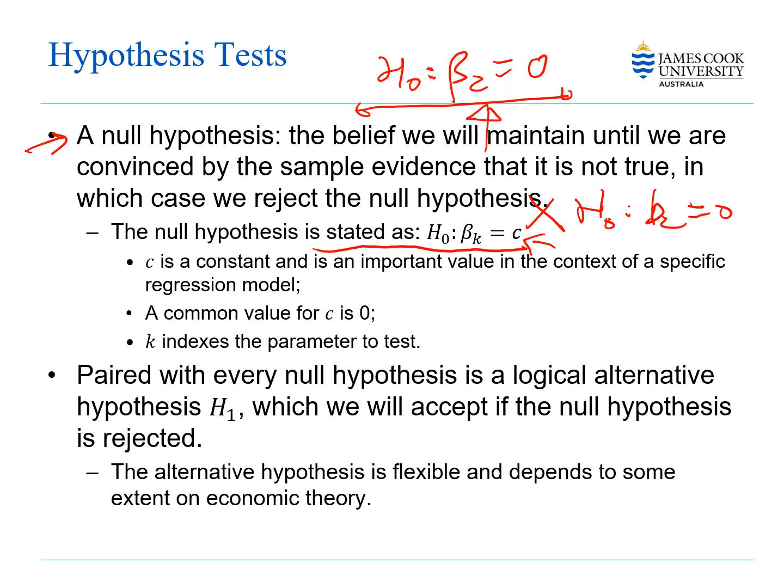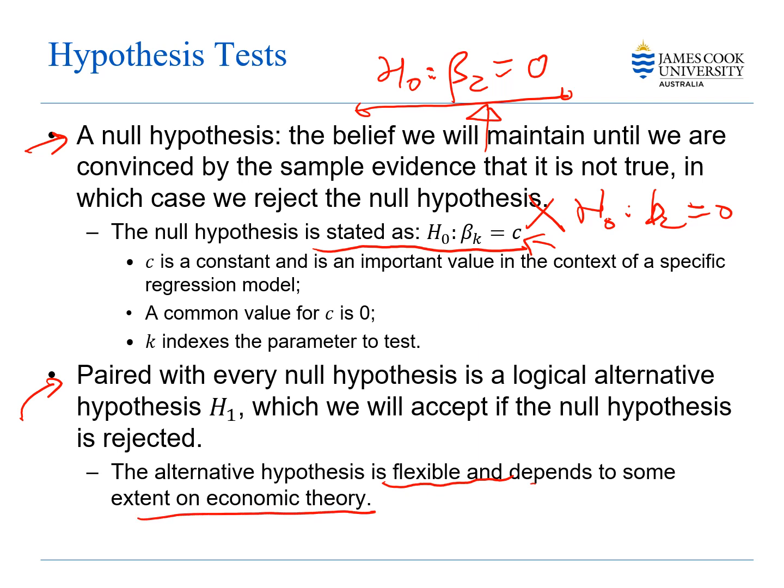Then paired with every null hypothesis, there's a logical alternative hypothesis, H1, which we will accept if we reject the null hypothesis. Here the alternative hypothesis is flexible and somewhat depends on economic theory.